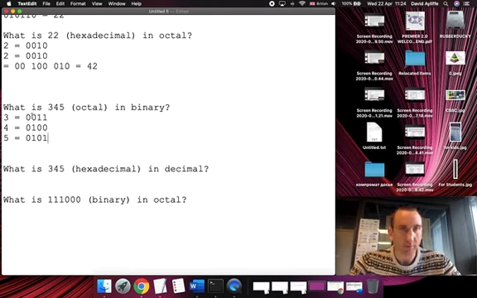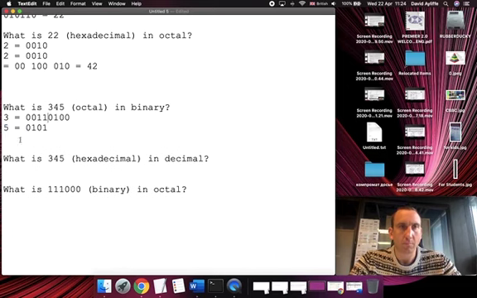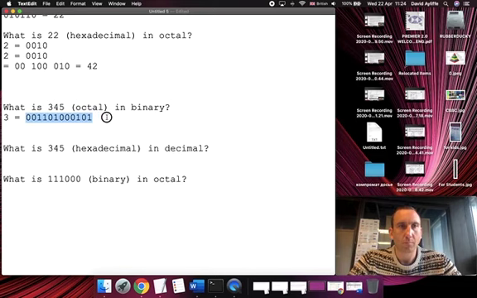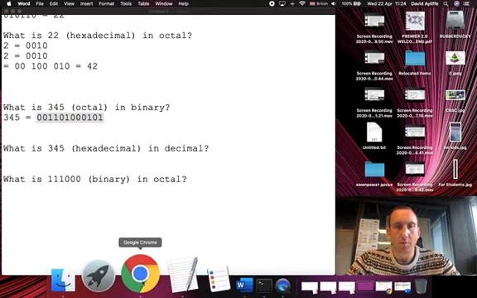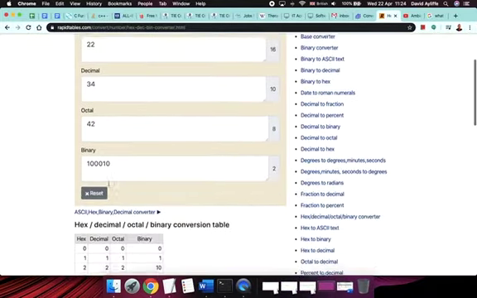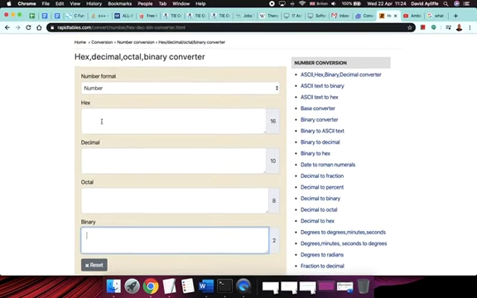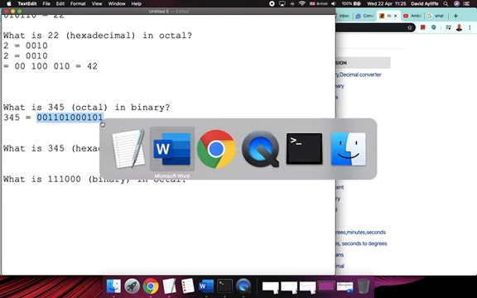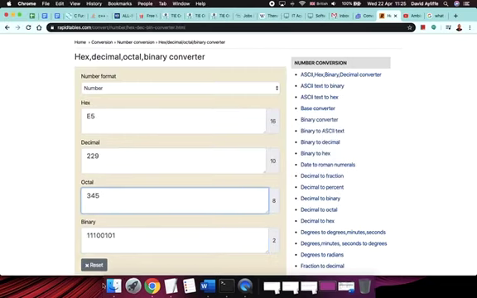Okay, so 3, 4, and 5. What is it? 345 in octal.